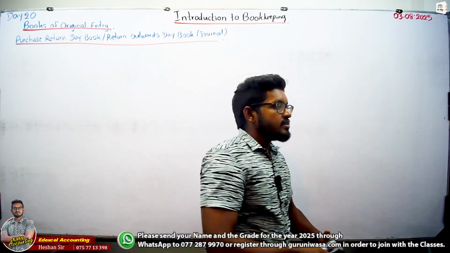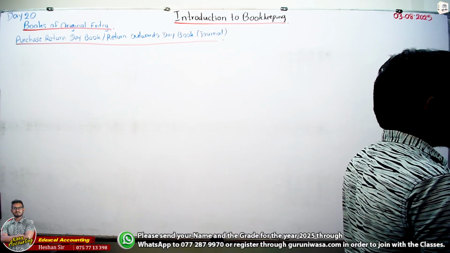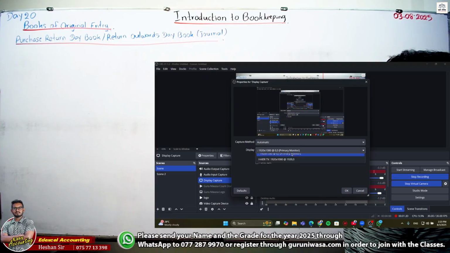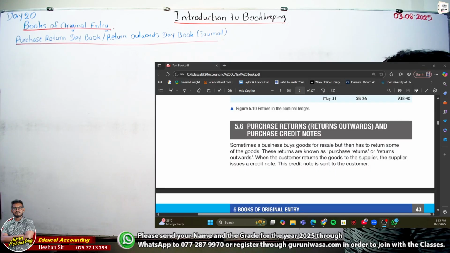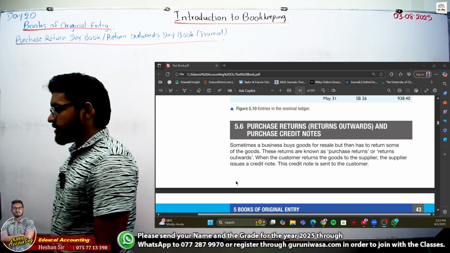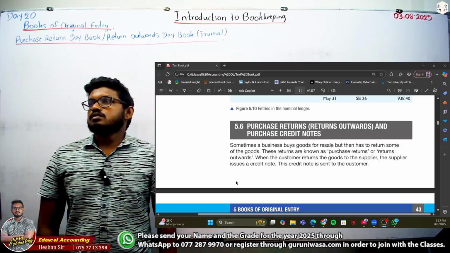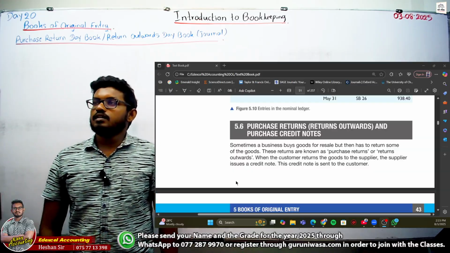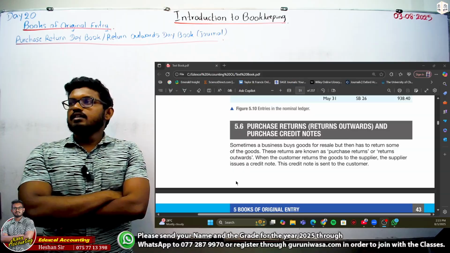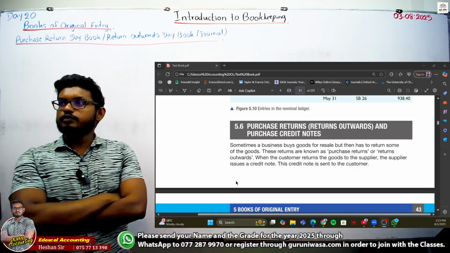Now we are going to discuss purchase returns outwards, where purchased things are returned, so a purchase credit note. Sometimes a business buys goods for resale but then has to return some of the goods.